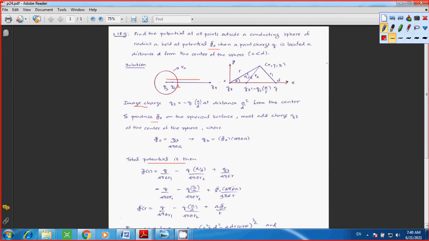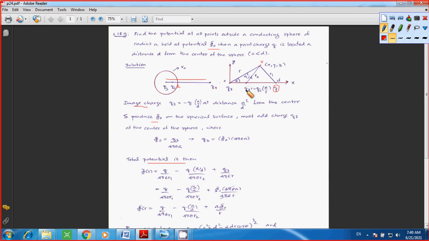This is your r1. Or you take a look at it from the picture in terms of rectangular coordinates x, y, z. This is the potential that you're looking for.